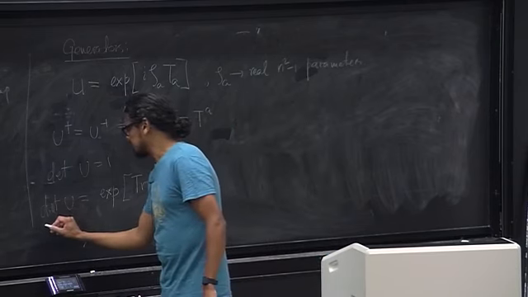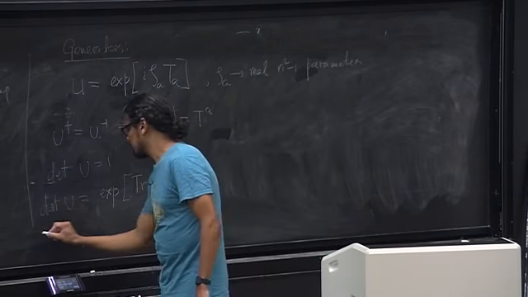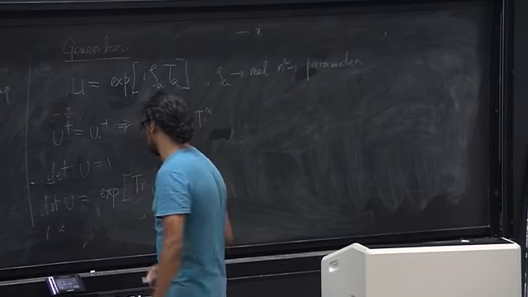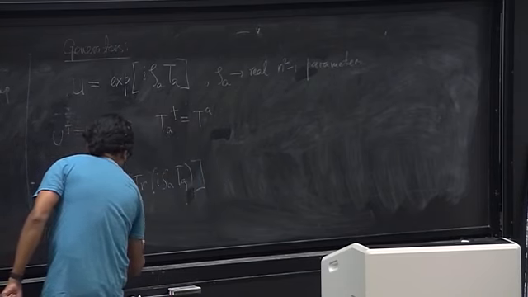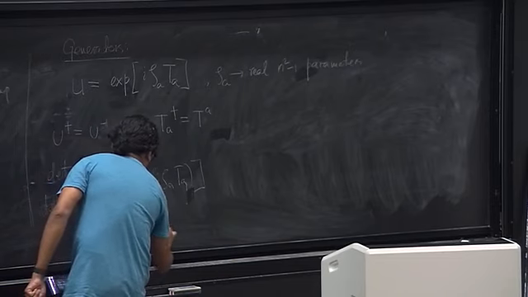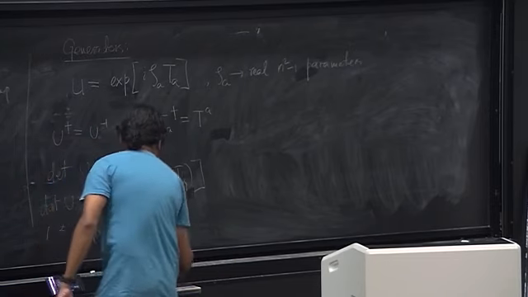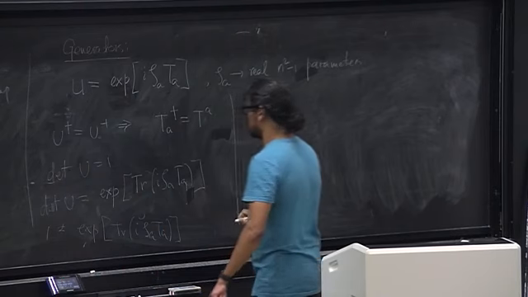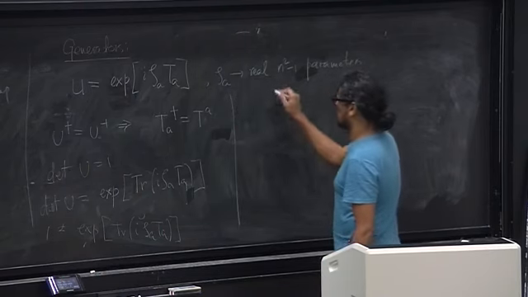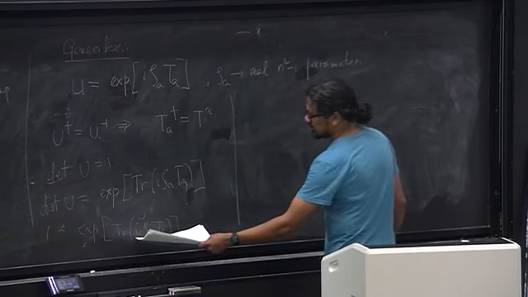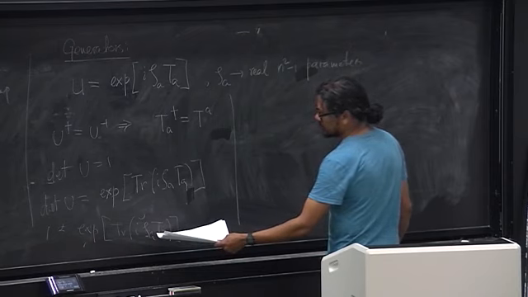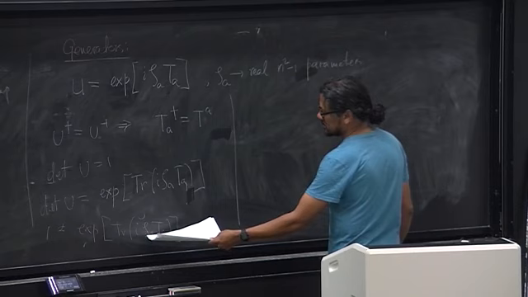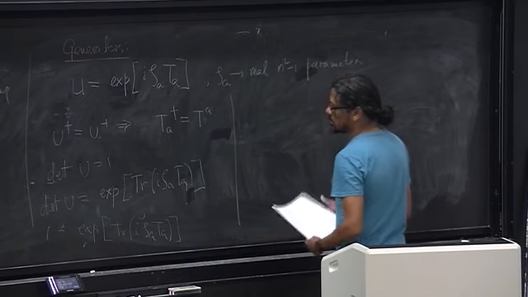So this being equal to 1 means that the trace of the argument of the exponential has to vanish, since the trace is linear and the zeta a's are arbitrary parameters.